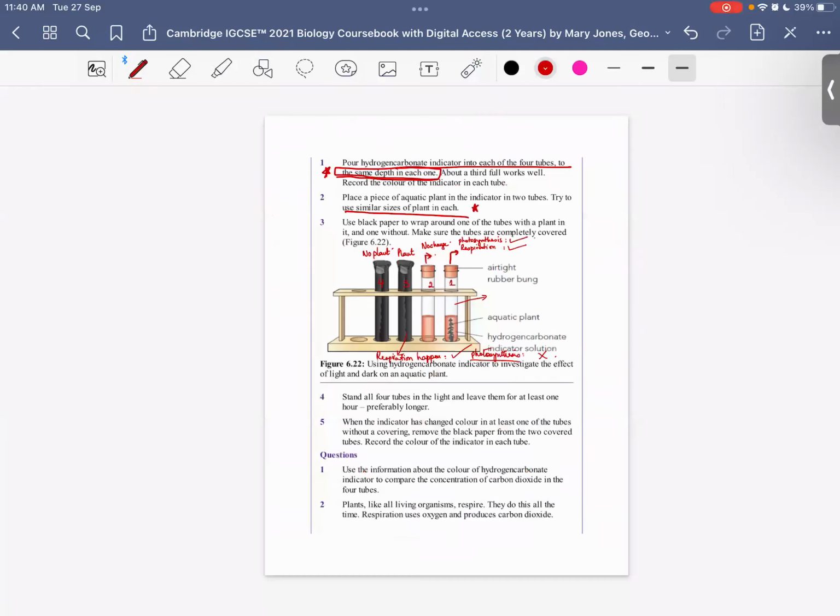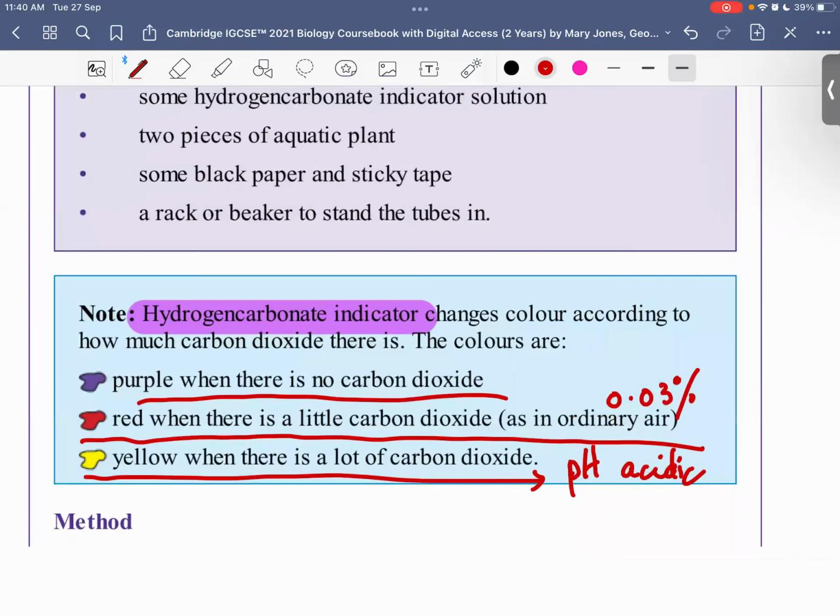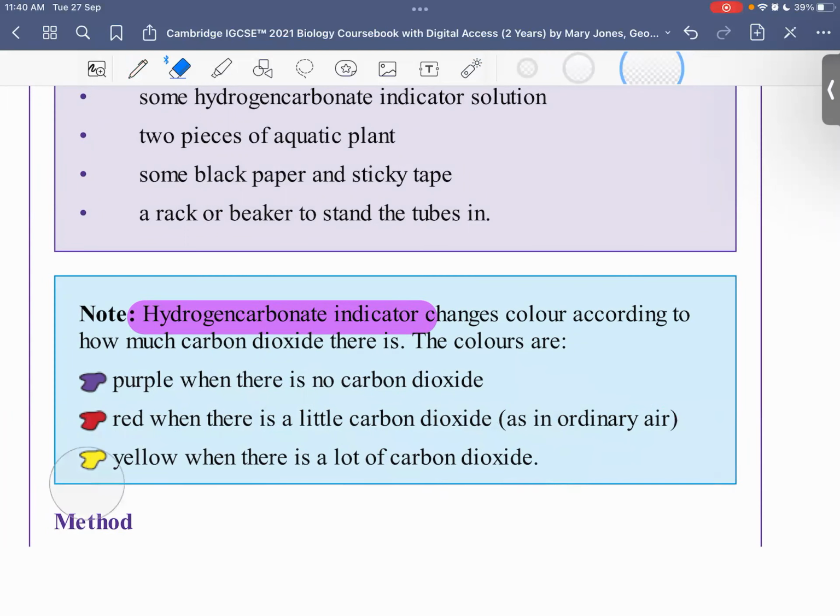Let's go back and see. Pink, purple, red, yellow. So it needs to be no carbon dioxide. It'll be yellow, right?